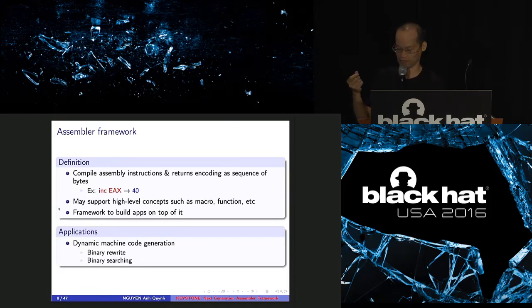When you run that byte on a CPU or on the emulator, it will add 1 to the EAX register. Typically you use an assembler to dynamically generate machine code. After that, you can do binary rewriting, binary patching, or binary searching.